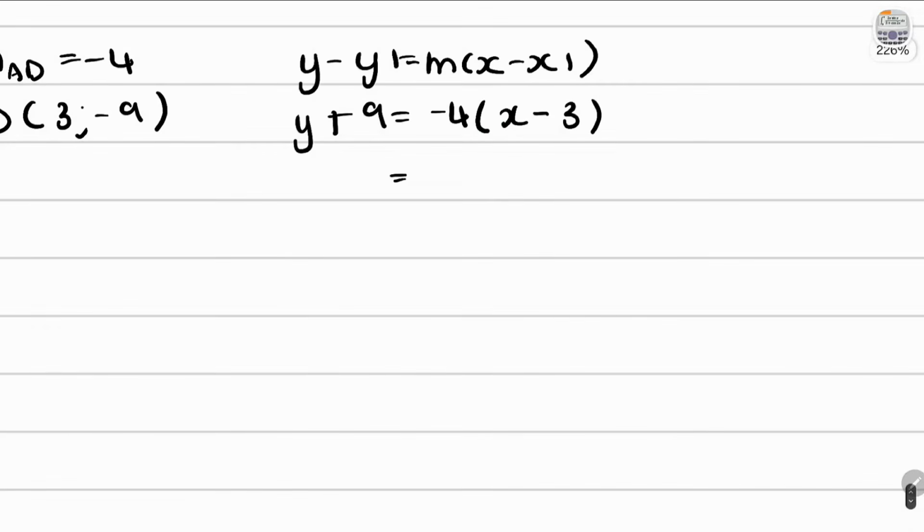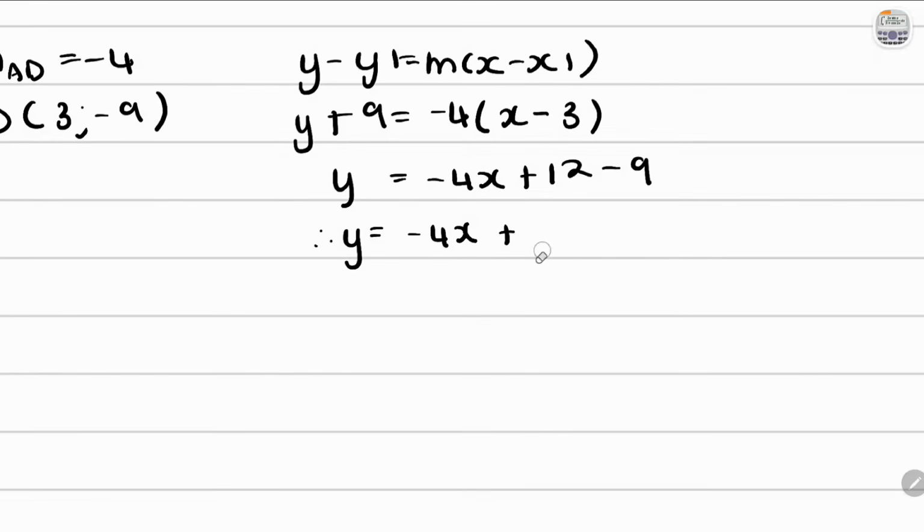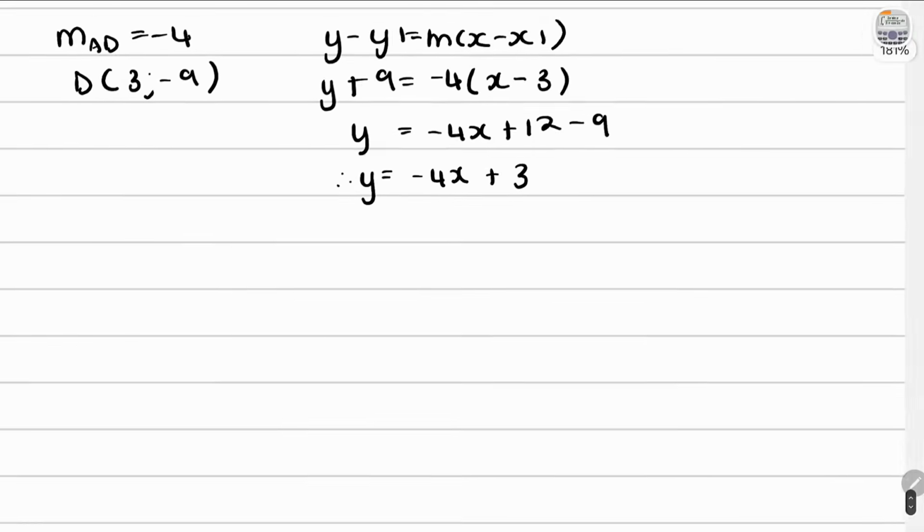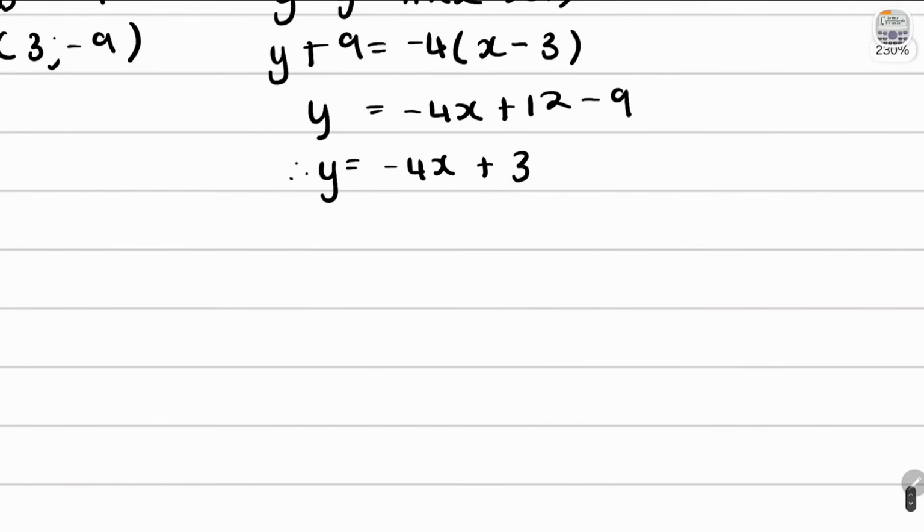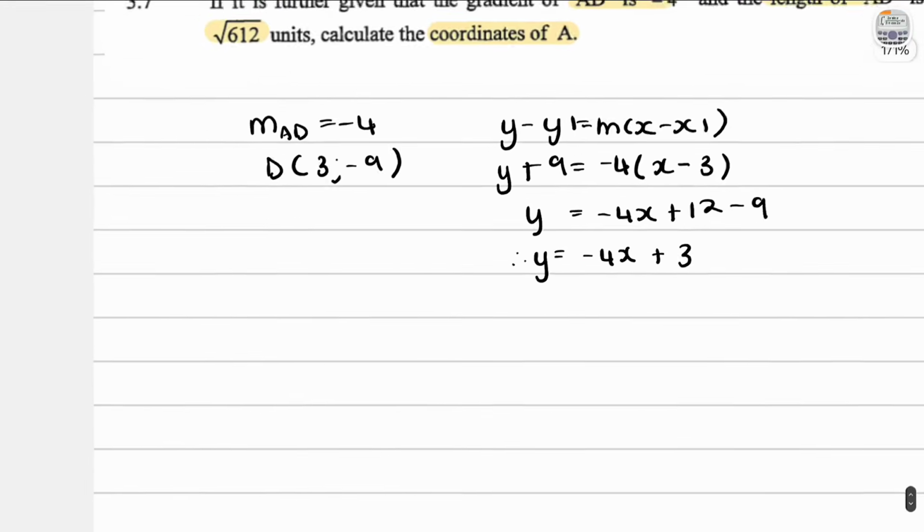So let's distribute -4x, that becomes a +12, that comes over and becomes a -9, and we're left with the y here. So y is equal to -4x, and 12 minus 9 is +3. Okay, that looks good.